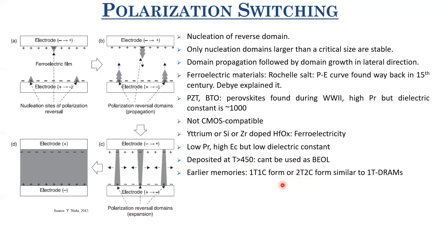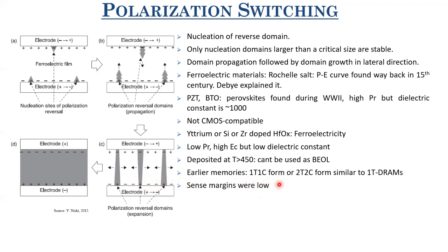And why was it used? Because readout of 1T 1C is a big problem. So let me discuss that. The sense margin for this 1T 1C was very low. Why was the sense margin very low? Because they were purely relying upon the polarization charges, charge sharing between the bitline capacitance and this ferroelectric capacitance.